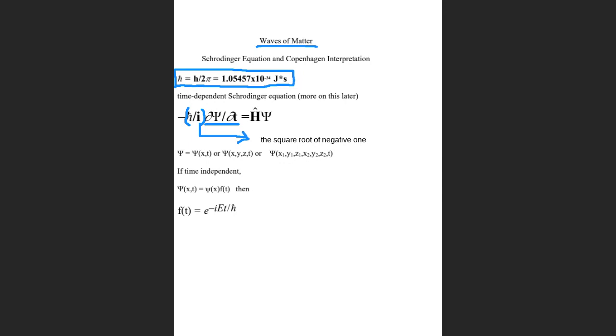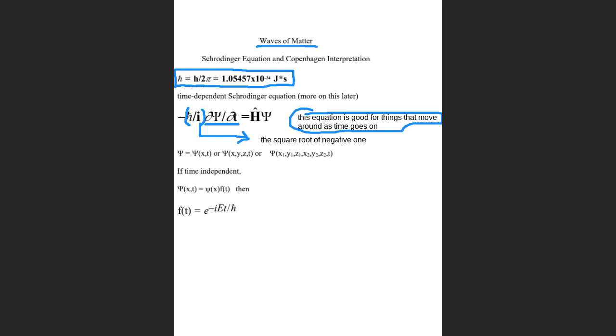This equation is good for things that move around as time goes on. We're not going to worry about that right now. Chemists are often interested in situations in which things are standing more or less still. We're going to talk about that most of the time.